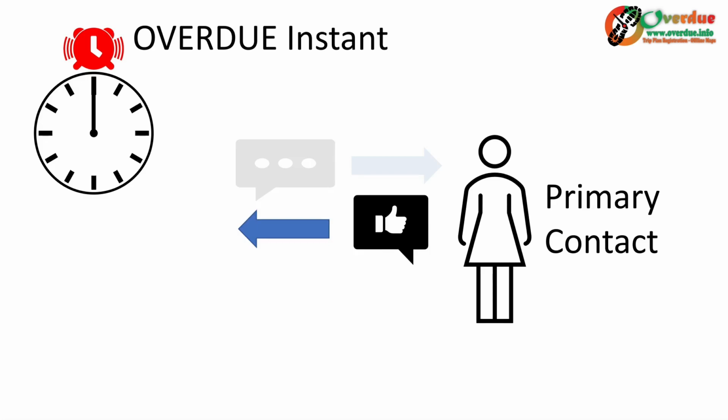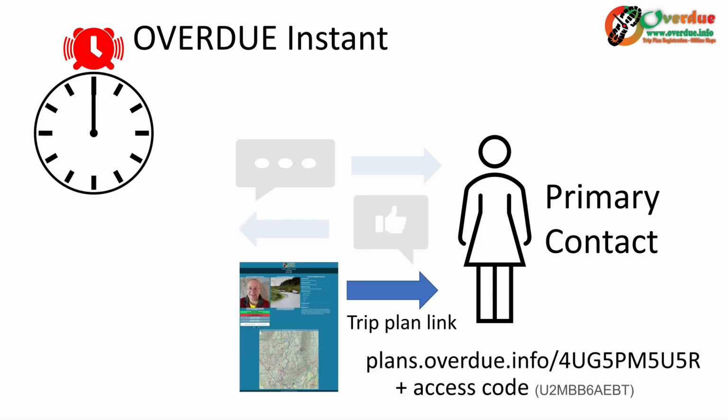That primary contact will reply in the affirmative if they're able to handle it, and then we will send the trip plan to that primary contact. That will take the form of a link with a code and also an access code to unlock some of the more personal details of the person who is overdue.